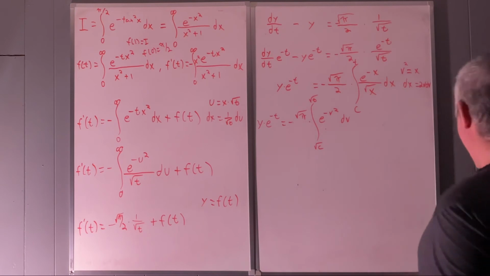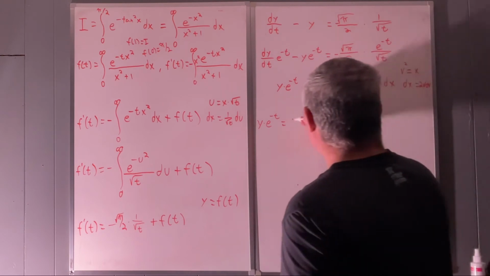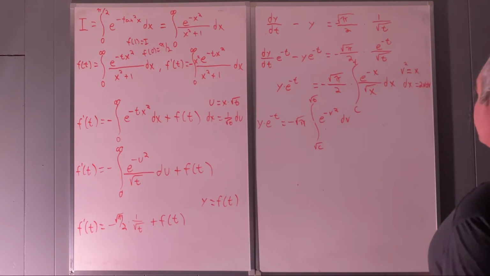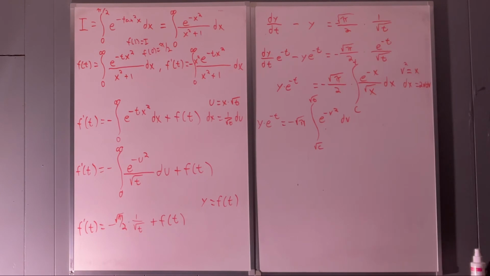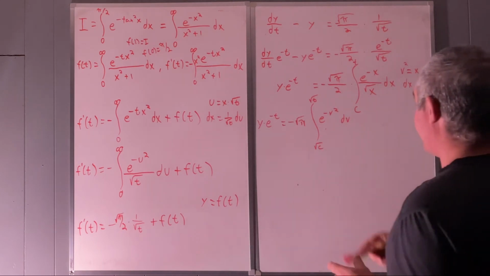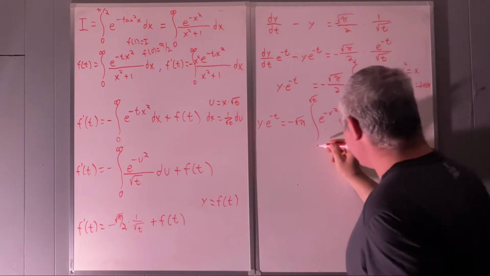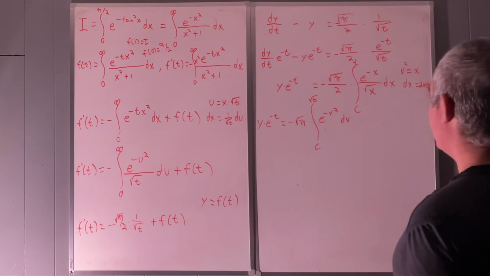All right, so now this is negative square root of pi. Yeah, that's better. Okay. So now we need to get rid of this c, and I'm actually just going to write it as a c. That's good.